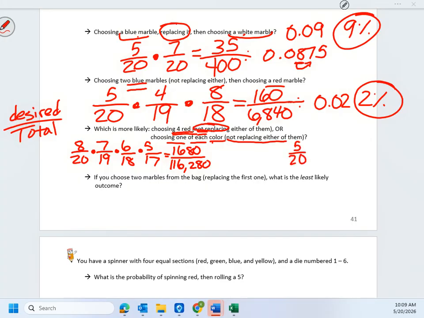Figure out what that percentage is. Over here, I have 5 blue out of 20. I don't replace it, so now I have 19. Don't replace it, so now I have 18. I want to choose a red, and I want to choose a white. Multiply those across, divide, and get that percentage. So finish that problem off.